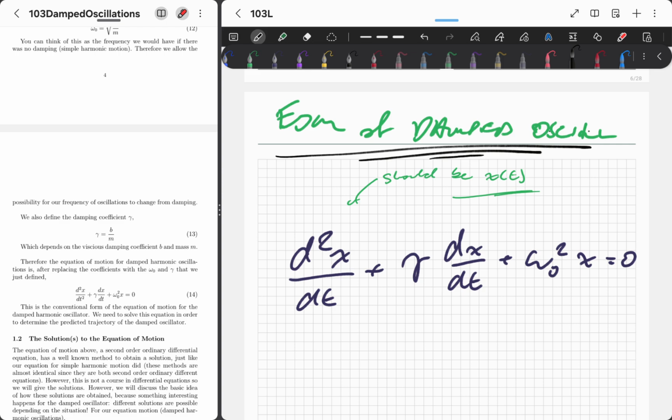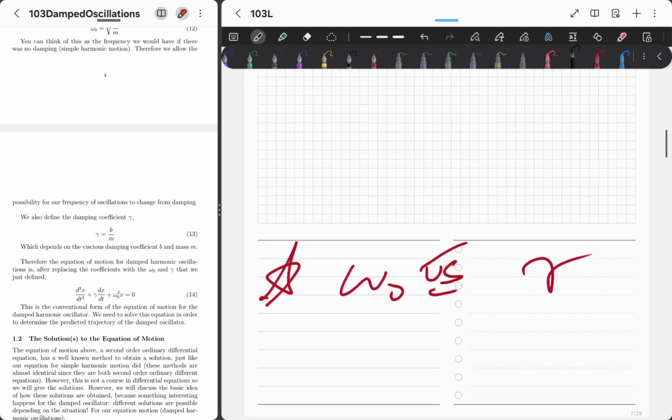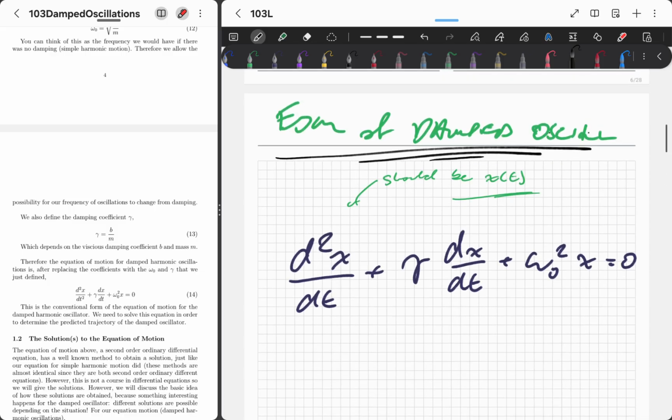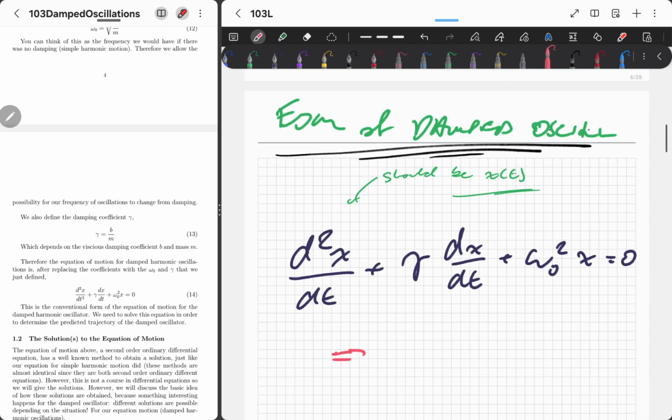This is experimentally verified, and it kind of magically happens in the math too. It's the very cool thing about this fundamental physics. We have something that isn't intuitive, that three different motions can occur here, and that's also what we see in reality. Okay, so let's look at these three different types of damping motion.